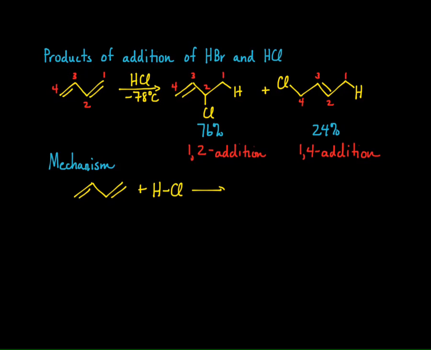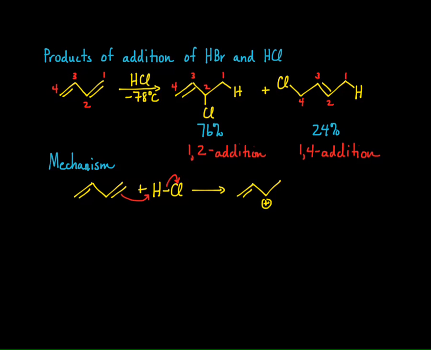So when 1,3-butadiene reacts with HCl, the first step is your typical addition where the pi electrons are going to go toward that proton and then the HCl bond breaks. Right? So we can show it like this. Your typical addition reaction of HCl with an alkene.